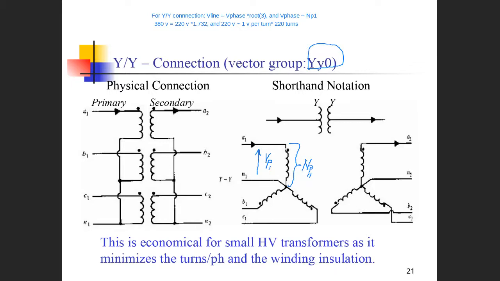Then for 380 volts, that is 380 volts across the phase. With one volt per turn, it requires 380 turns.